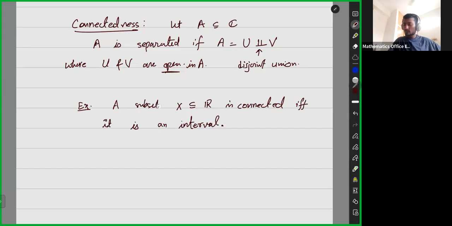So one problem is here. Can someone explain why this is so? If it is an interval, how do we see it is connected?